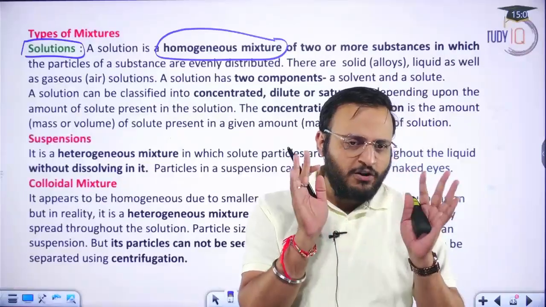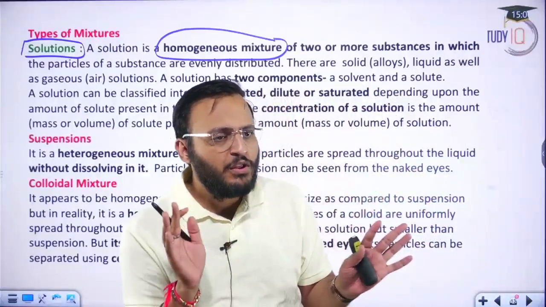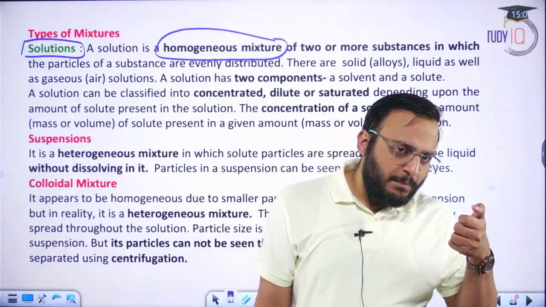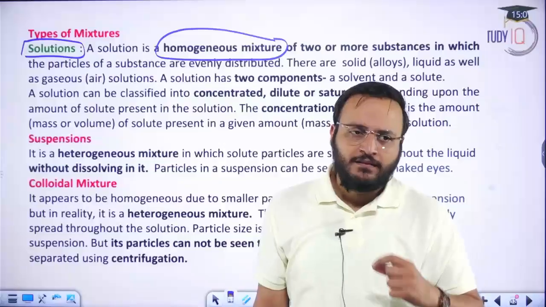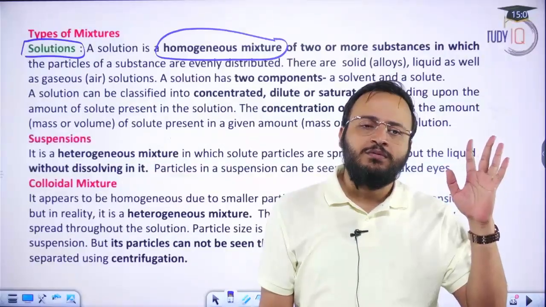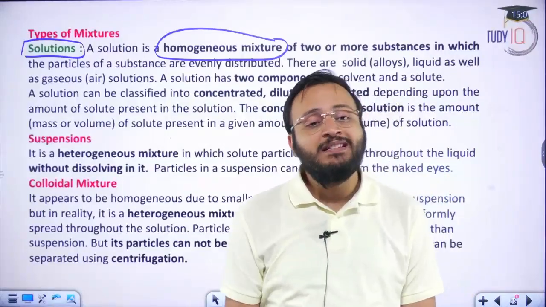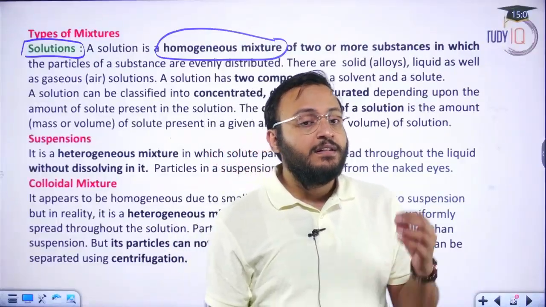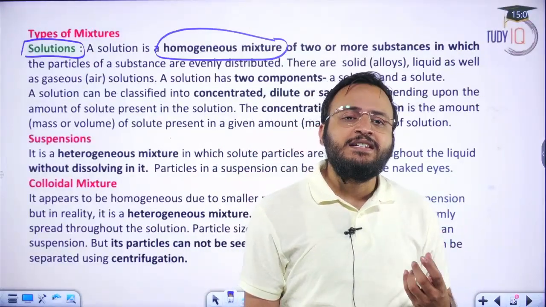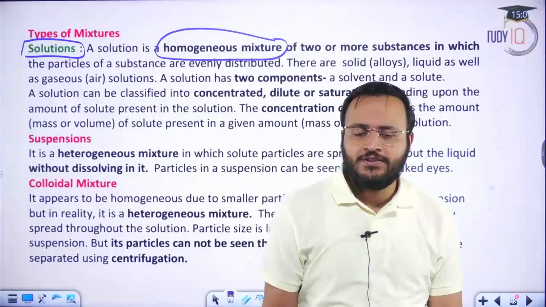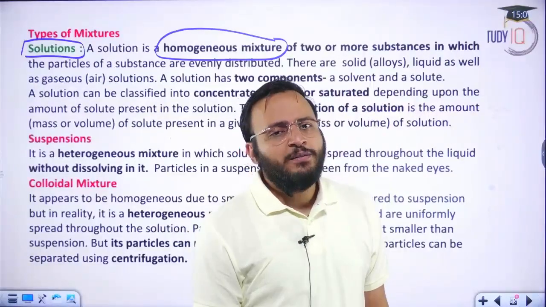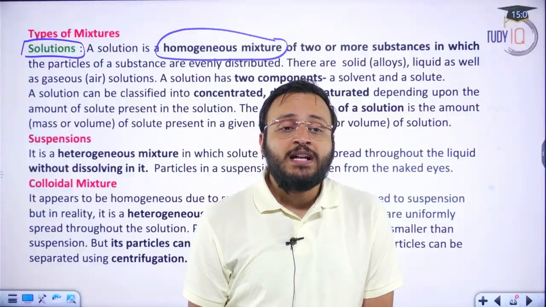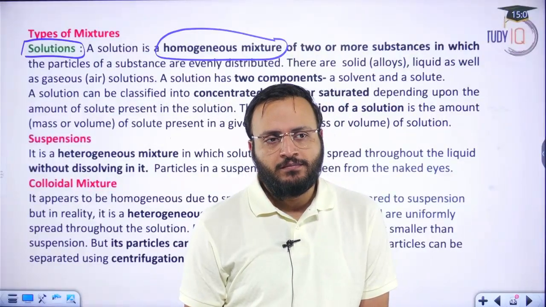It is not visible to the naked eye. If you pass light through the solution, it simply passes through. It means the particles are so tiny that they can't even obstruct the light. So solutions are homogeneous in nature.